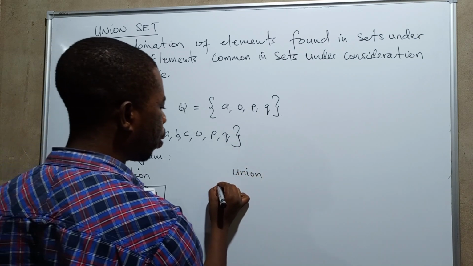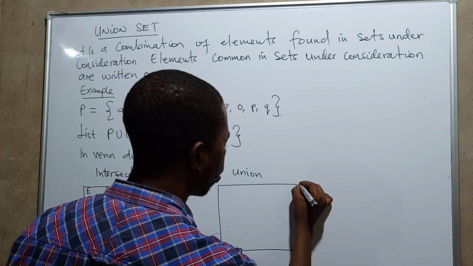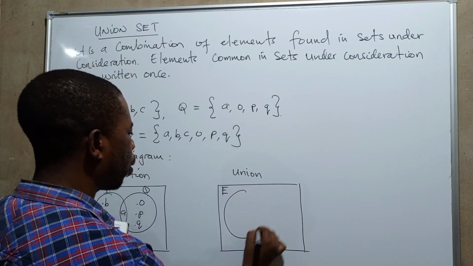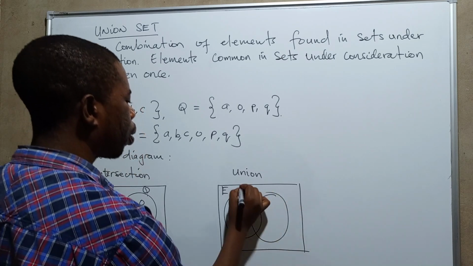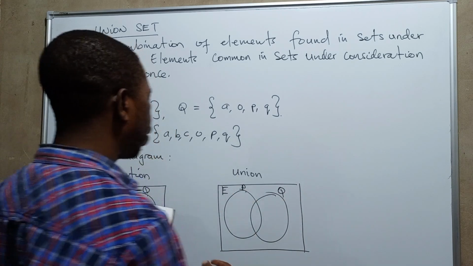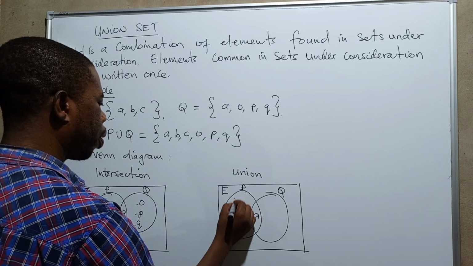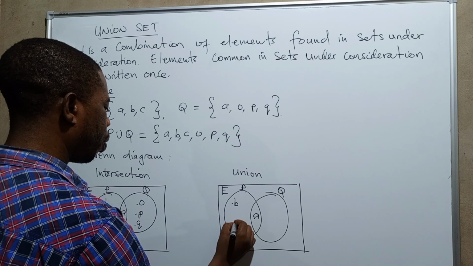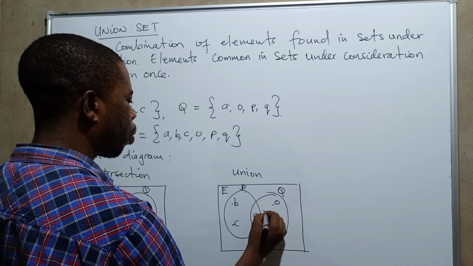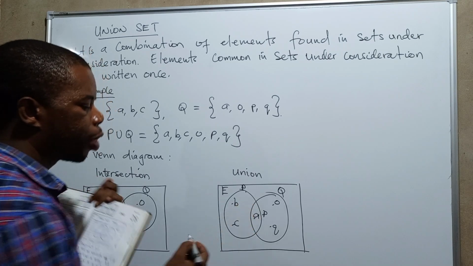But in terms of union, I can draw the same one. Then I can say E, this is P, this is Q. Now, in terms of union, I'll say here A, then B, then C, then O. In terms of union, we can end up shading this.